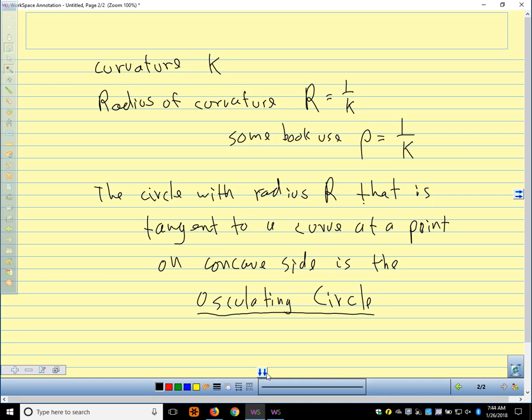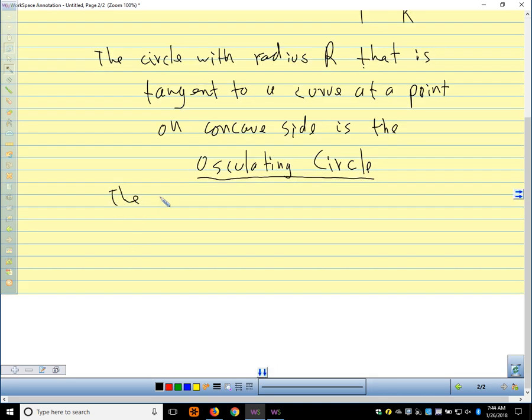The center of the circle is the center of curvature.